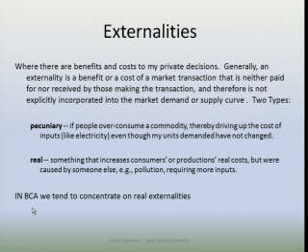Now, I'm gonna switch over here to the document camera, and I'm gonna describe what happens with an externality. So I'm gonna put up our old supply-demand curve here.